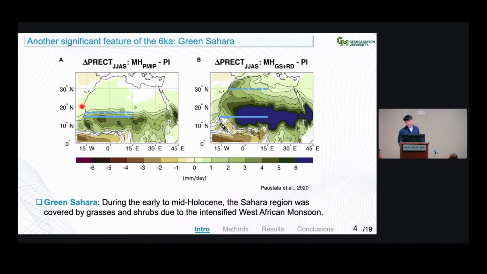According to other proxy records, this intensified West Africa monsoon resulted in changes in the vegetation cover, specifically present-day Sahara, which used to be covered by grasses and shrubs. Therefore, Green Sahara contributes to a more intensified precipitation pattern here, and this is another important significant feature.